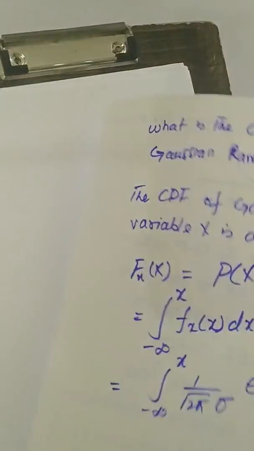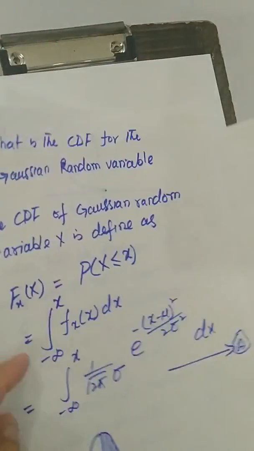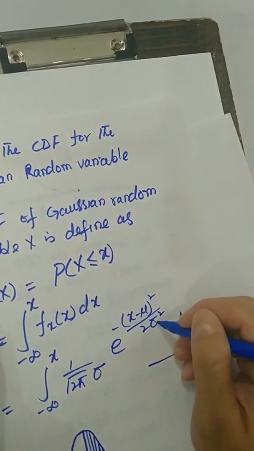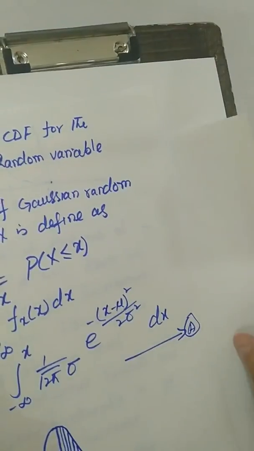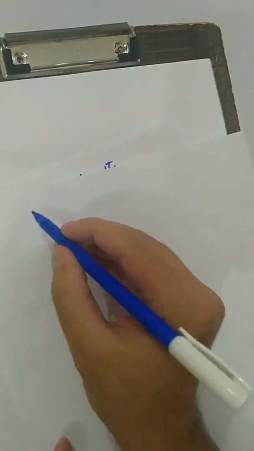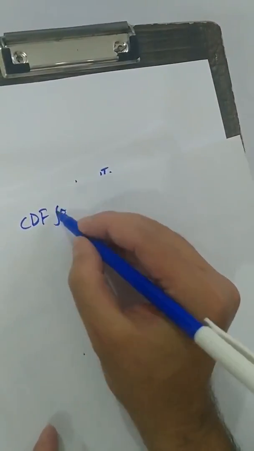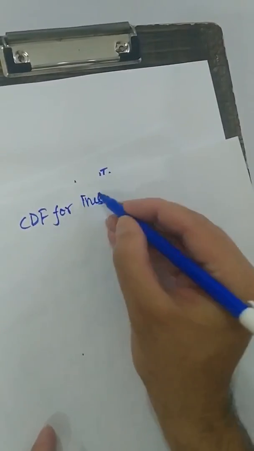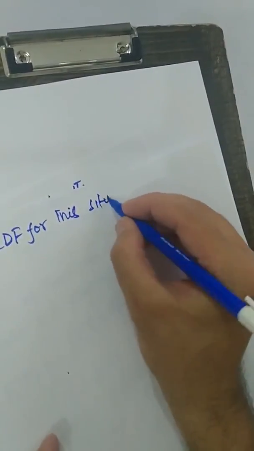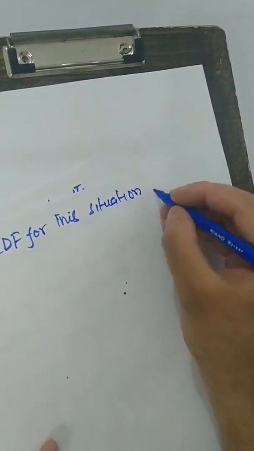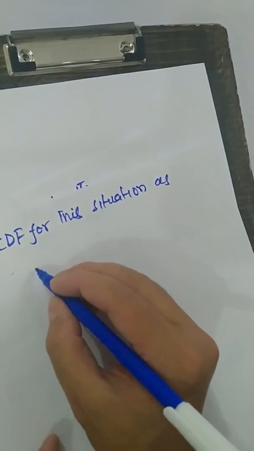So by assuming mu 0 and sigma equal to 1, we will get the CDF for this situation.